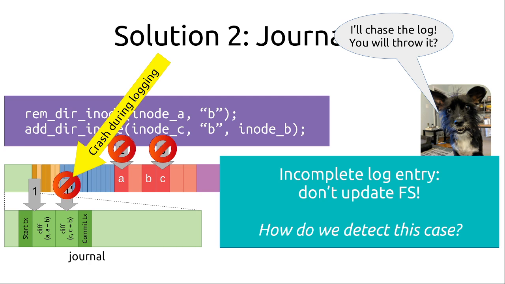It's really important that we wait until all the previous updates go out to the log before we do the commit, because we need to make sure that the entire log entry is out on disk before we say that it's committed. I'm not talking about inode updates, disk block, bitmap updates. I'm just talking about the log, the journal itself. I need to make sure that everything's there before it's committed.